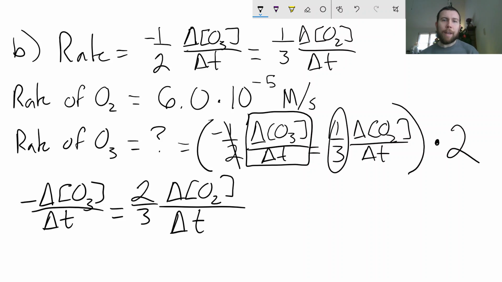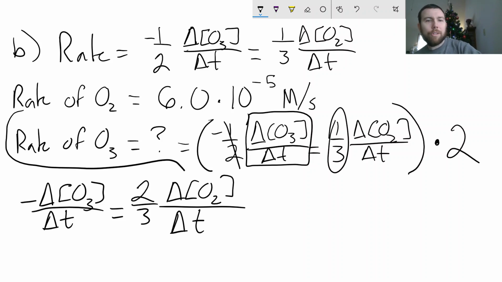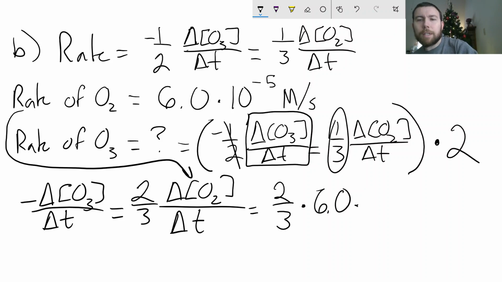Okay, and this is where that rate that they gave us is going to come into play, right? Because we're going to plug in that rate right here, because this is telling us the rate of change of oxygen is 6.0 times 10 to the negative 5th molar per second. So now we've got this set up. It's going to be 2/3 times 6.0 times 10 to the negative 5th, right?